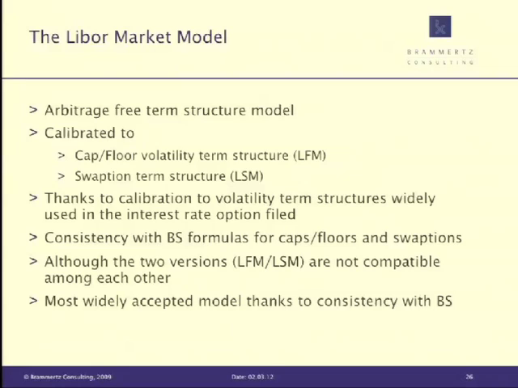Yeah, the LIBOR market model, it's an arbitrage-free term structure model, and we have 2 calibrations inside, one to the cap floor and the other to the swaption. You can always calibrate it to anything in the model, and as good as you calibrate it, as good your pricing becomes.